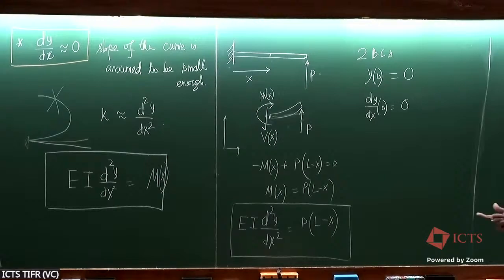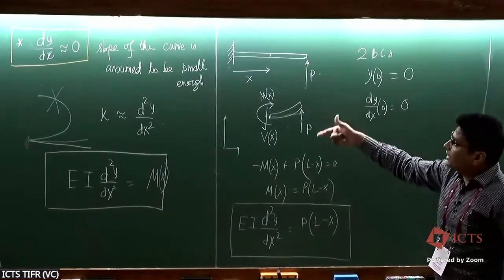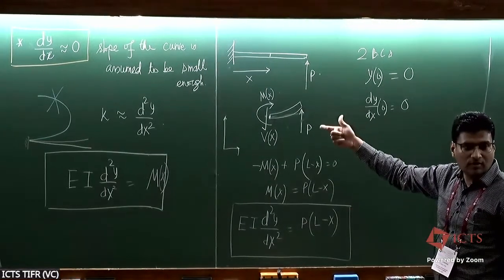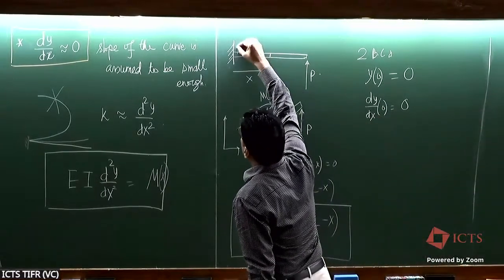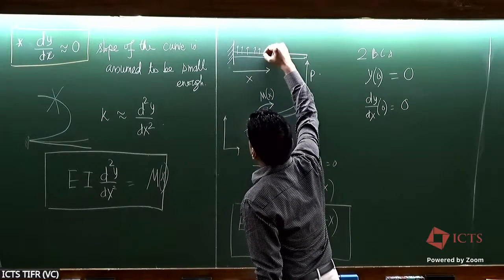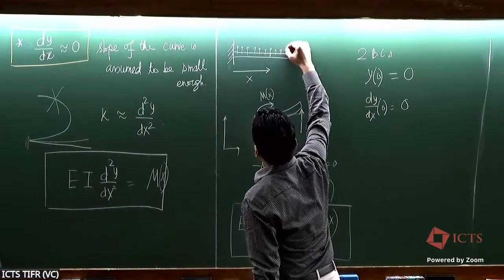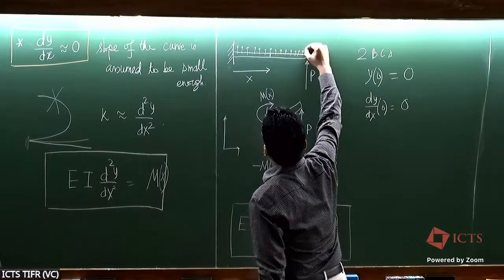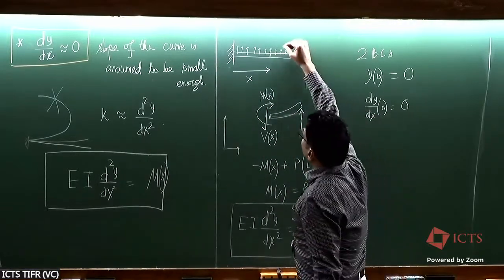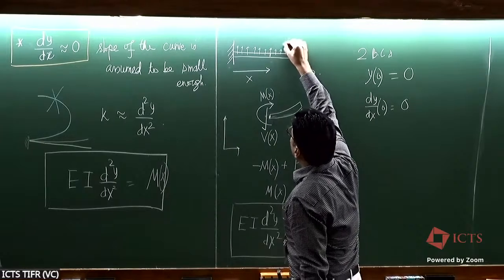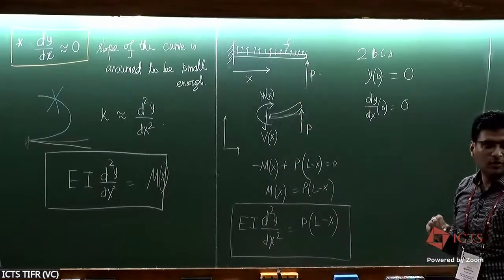Still, you can simply do the usual moment balance. For example, suppose you had a distributed load acting here, let's say a uniformly distributed load given by F, where F is the load distribution.